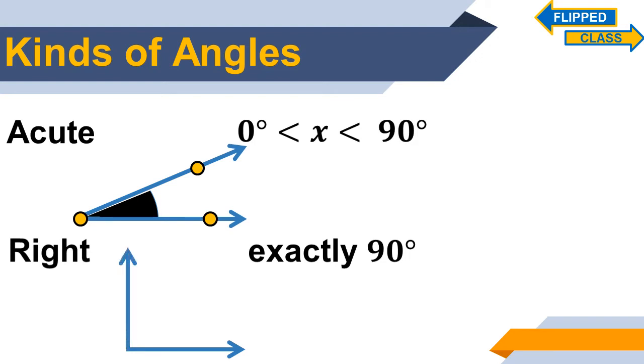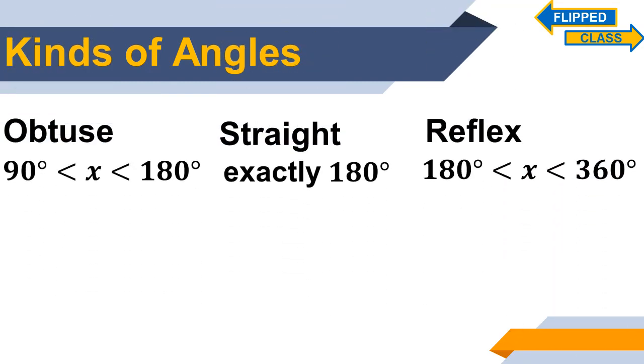For right angle, this is the common figure for this one. Instead of a curved line, we cover it with a rectangle shaped angle. The next three, the obtuse, straight, and reflex, having these correct descriptions. For obtuse, we have between 90 and 180.